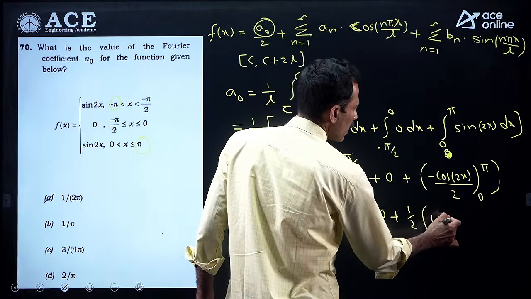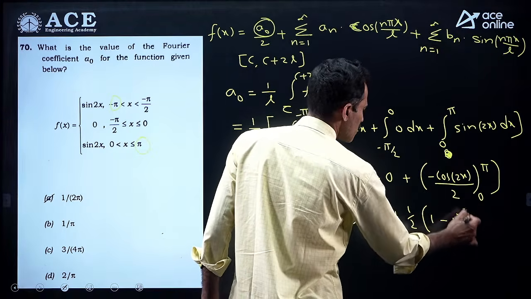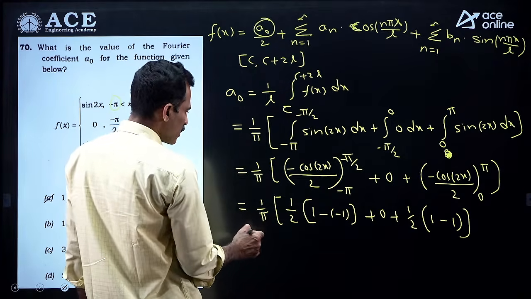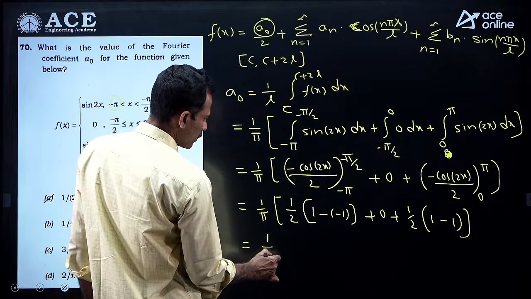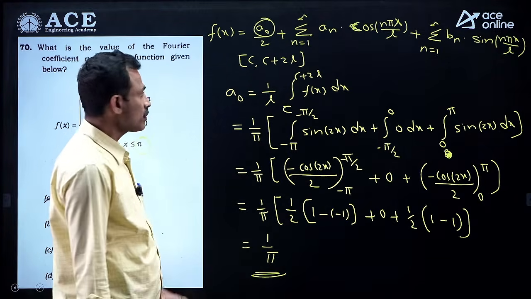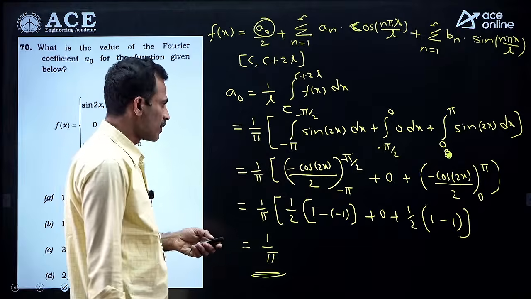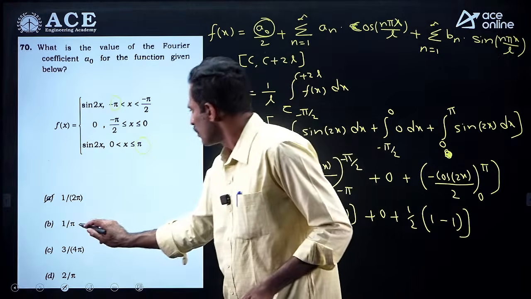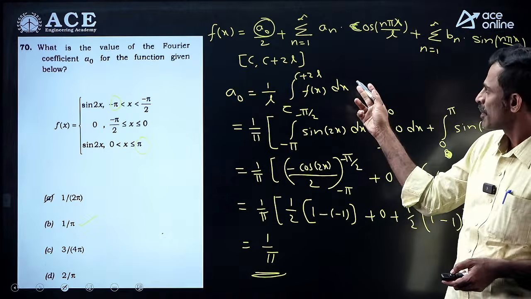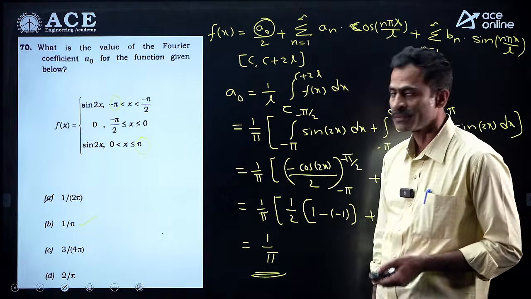Cos 0 is 1, cos 2 pi is 1, this is 0. So finally, minus minus plus 2 by 2, the 2 gets cancelled, giving 1 by pi. This is the coefficient a naught in the Fourier series, so the answer is 1 by pi. For this general formula of Fourier series expansion, a naught is given by this.